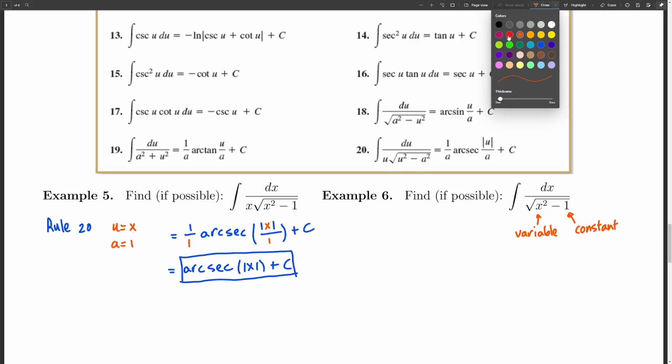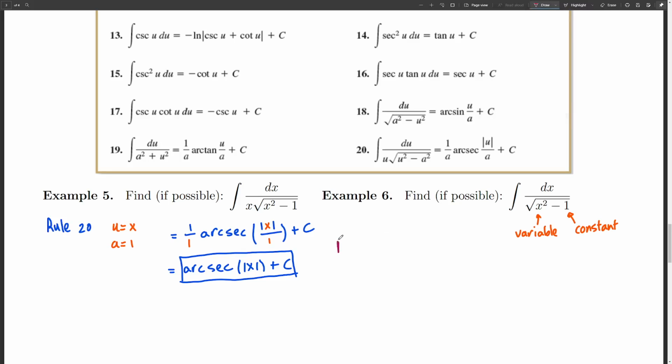So what we need to see here is that rule 18 does not apply. And at this point, this is not an integral that we can solve.